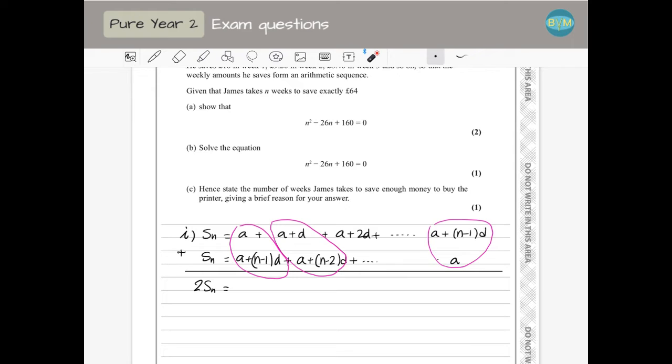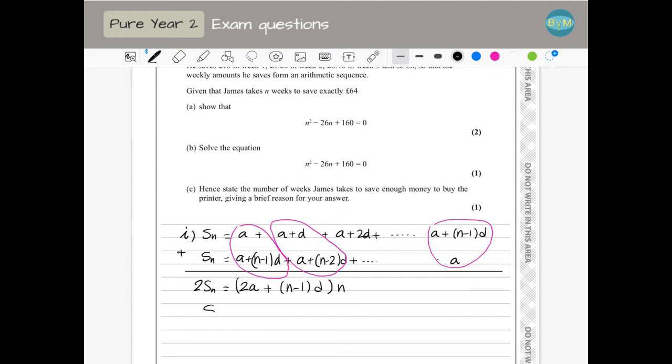And if you see, they are all adding the same, because I have 2A in all of them, plus (n minus 1)d, because here I have d plus (n minus 2)d, which is (n minus 1)d, and this one is again (n minus 1)d. So all of them add up to 2A plus (n minus 1)d. And I have n terms like that, because I'm adding n terms, so these all together multiply by n.